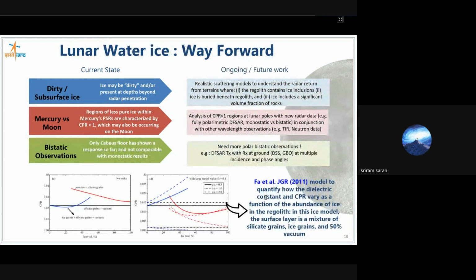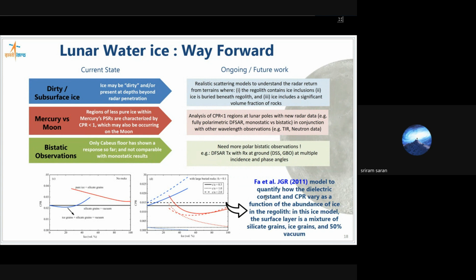And what is currently lacking are realistic scattering models to understand the radar return from the lunar terrain. So we are currently targeting 3 different kinds of scenarios. First, where the regolith contains ice inclusions, that is the dirty ice scenario.